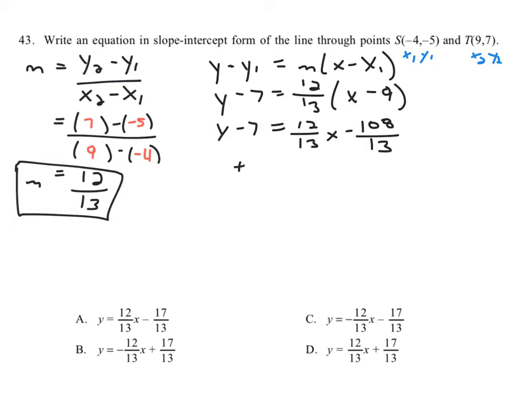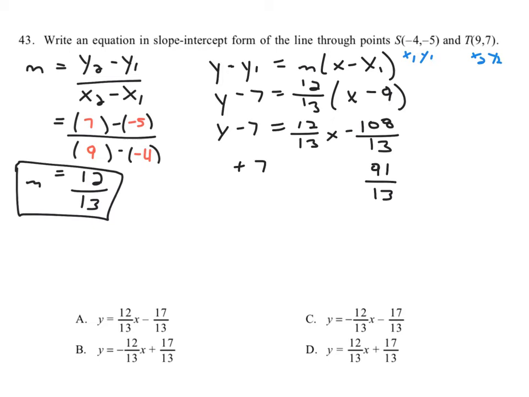So when I say plus 7, well, I'm going to write 7 in a unique form, if you don't mind. Plus 7 is equal to, I want to add 13ths. So instead of adding 7, I'm going to add 91 13ths. 7 times 13 is 91.